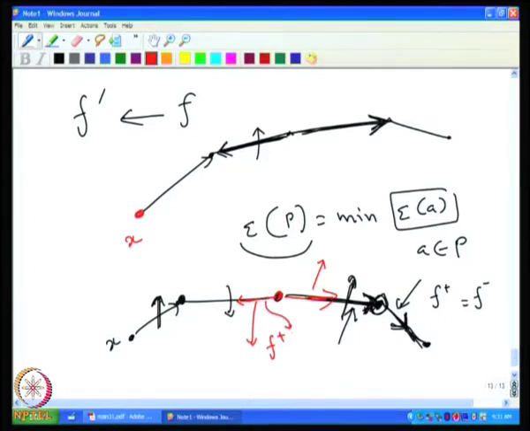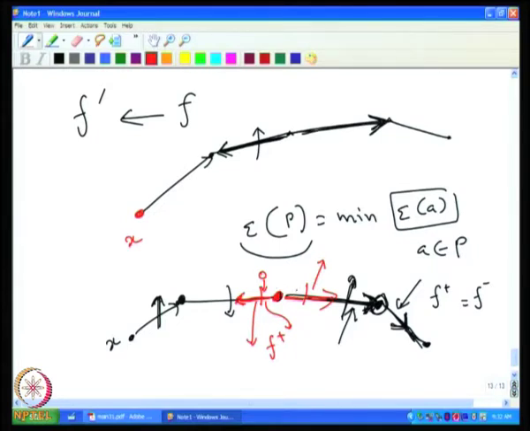So f plus is unchanged, because for f minus there is no change at all. We increase this and we decrease that one because it is in the reverse direction, so our flow value was reduced by epsilon. So here also the conservation is not lost, because earlier f was satisfying the condition.